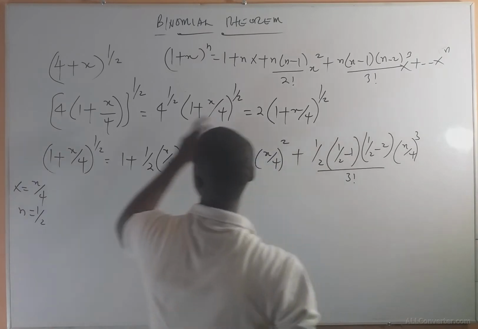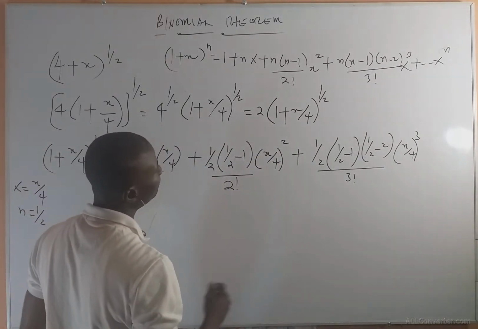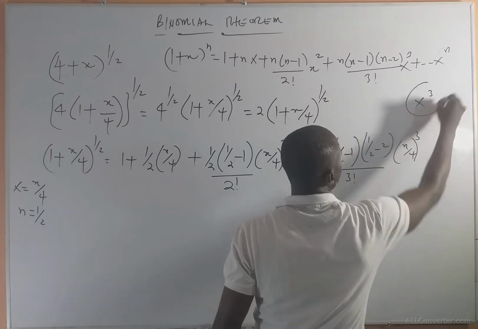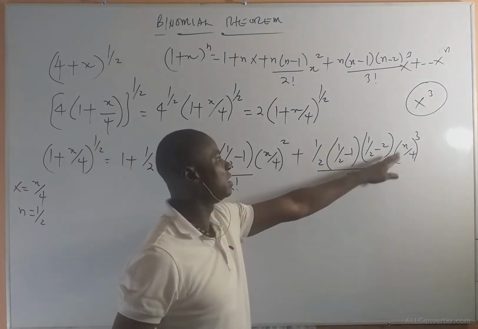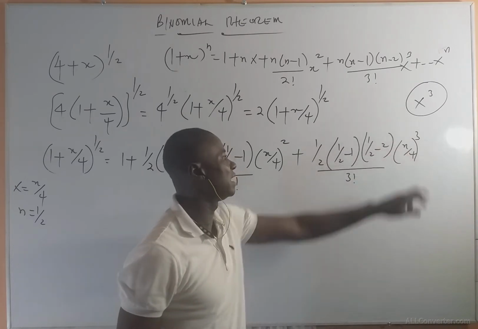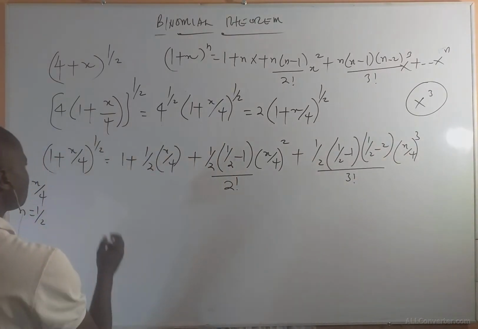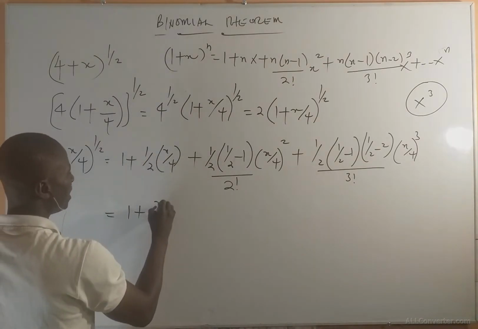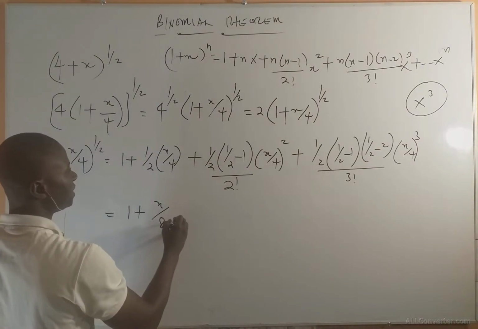Now, because we are asked to leave our expansion as far as the term in x cubed, that means that when you get to the x cubed term, you have to stop, and that is why we are stopping here, because (x/4)³ will give us an x cubed term. So we simplify. Now this should be 1 + x/8, since 2 times 4 gives us 8.